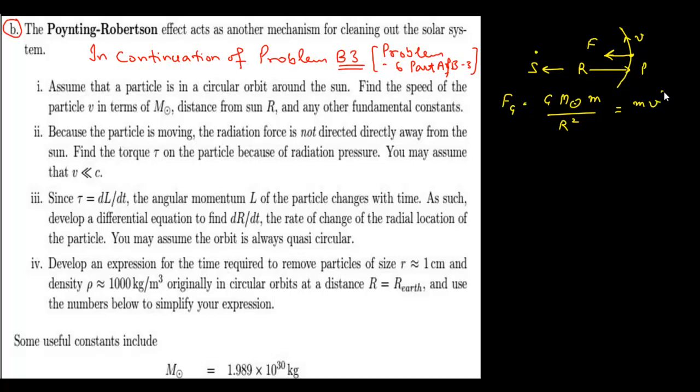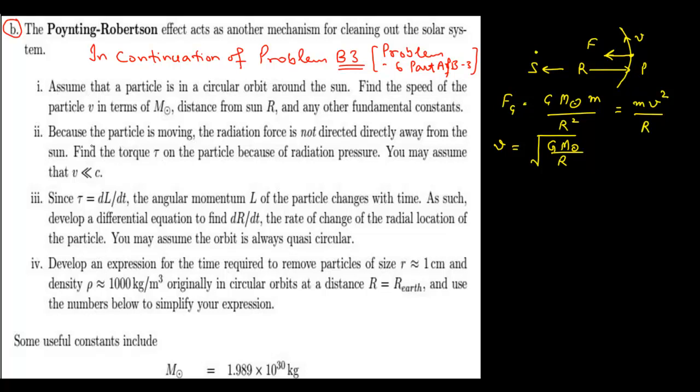So we can write this as mv square by r, and solving this we will get v, the desired result for the speed of the particle, and that is equal to G into solar mass divided by the separation, and its square root. Clear? So this is the speed with which the particle is orbiting around the sun.